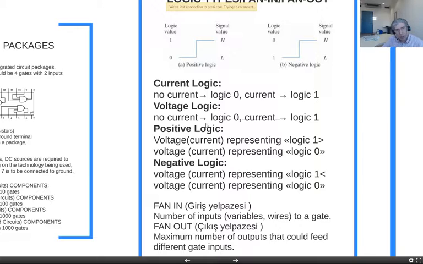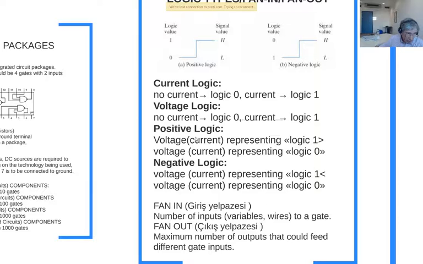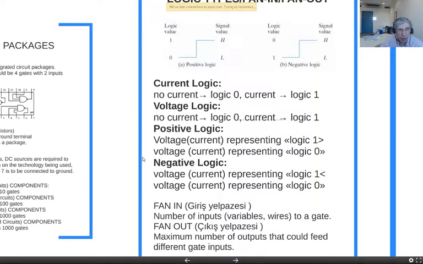The alternative is positive and negative logic. Positive logic: the higher the value of your physical quantity, let's say voltage, the higher voltage represents 1, and lower voltage represents 0. If it is opposite, that means minus voltage represents 1 and 0 represents 0, it is called negative logic. It is true for current and voltages. Therefore, totally we've got 8 alternatives, isn't it?